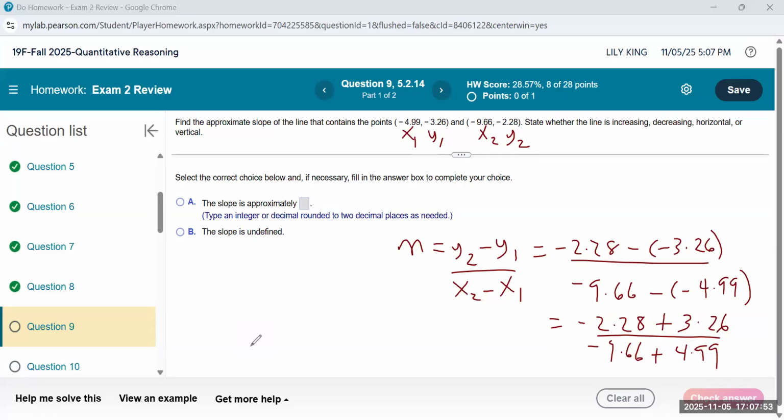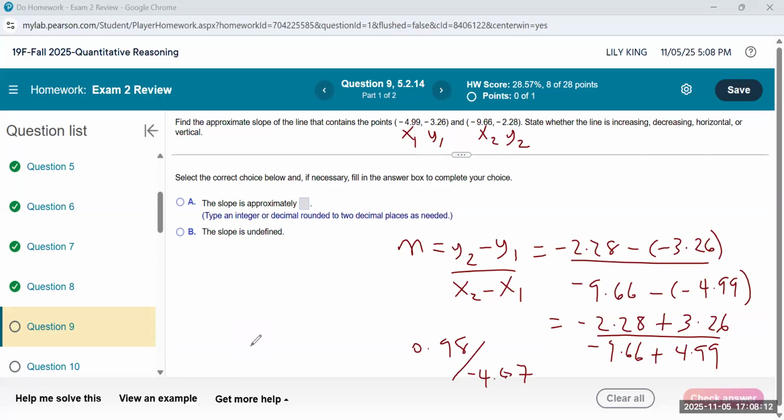Now we do the math, we have -2.28 plus 3.26 is 0.98. Divide that by -9.66 plus 4.99. We have -4.67.